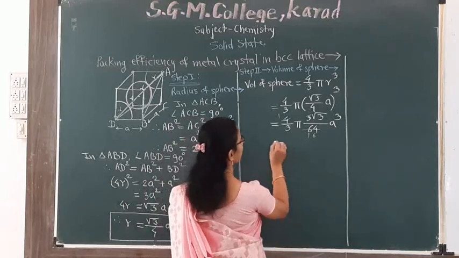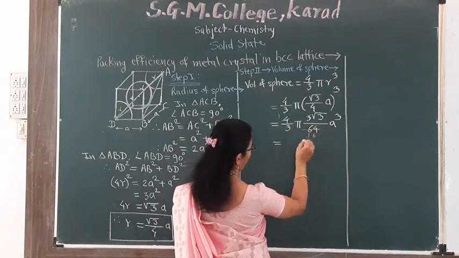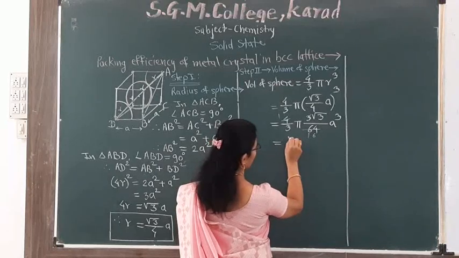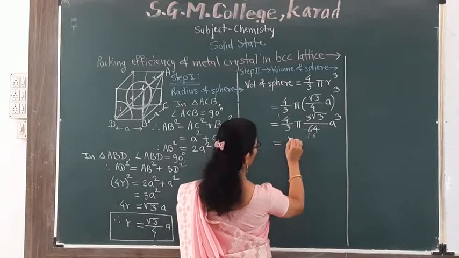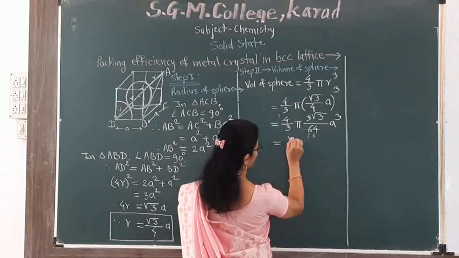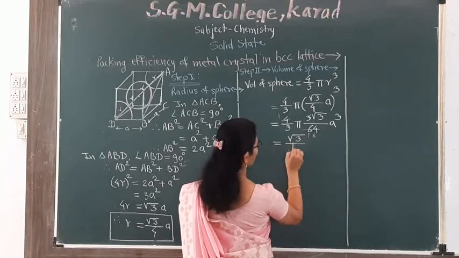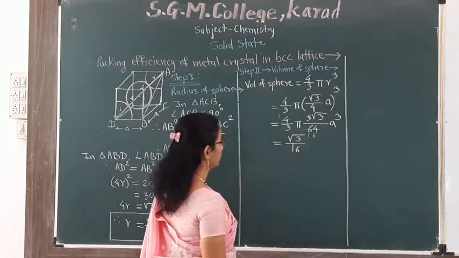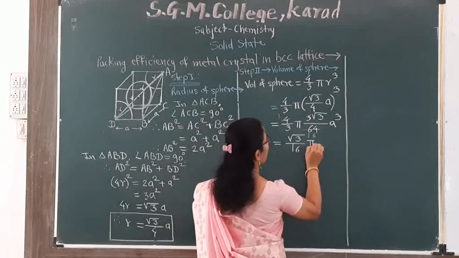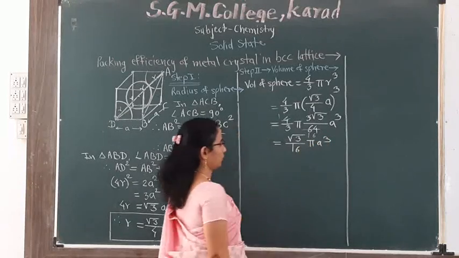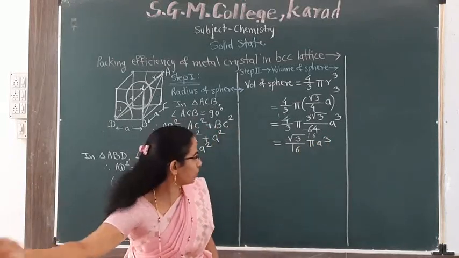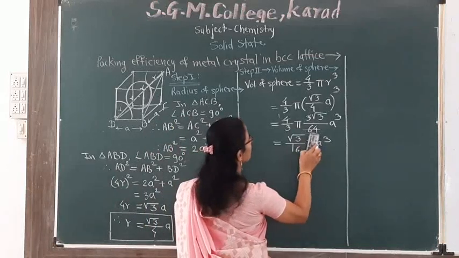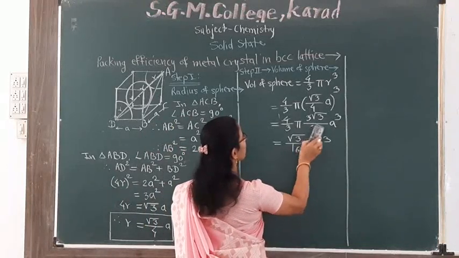Then you will obtain the relation as root 3 upon 16 into pi a cube. So this relation gives the volume of single sphere. Okay.